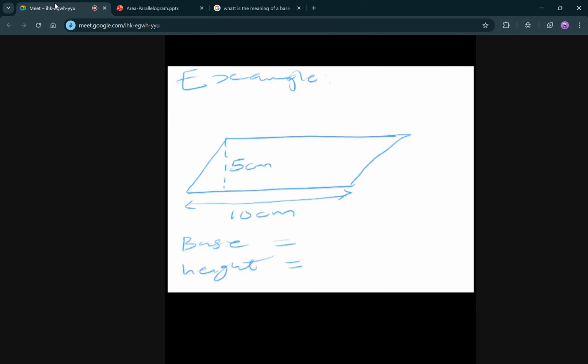Where is the base in the diagram you drew there? Where did I label B? Where is H? From the diagram I drew, which part of this parallelogram did I label B? Where did I label H?